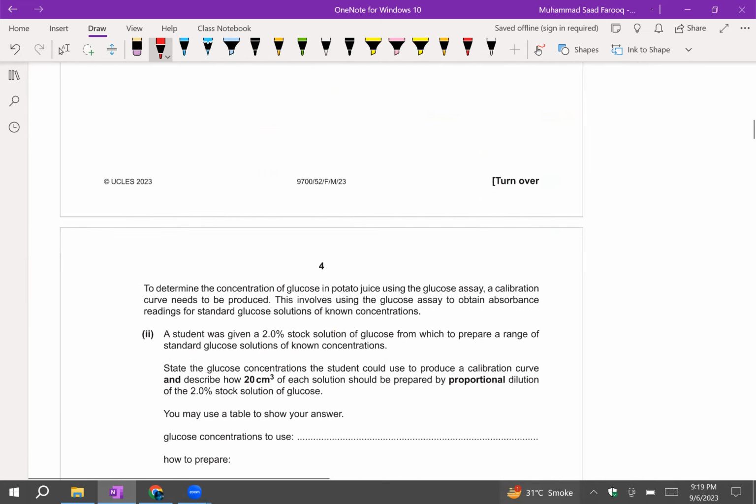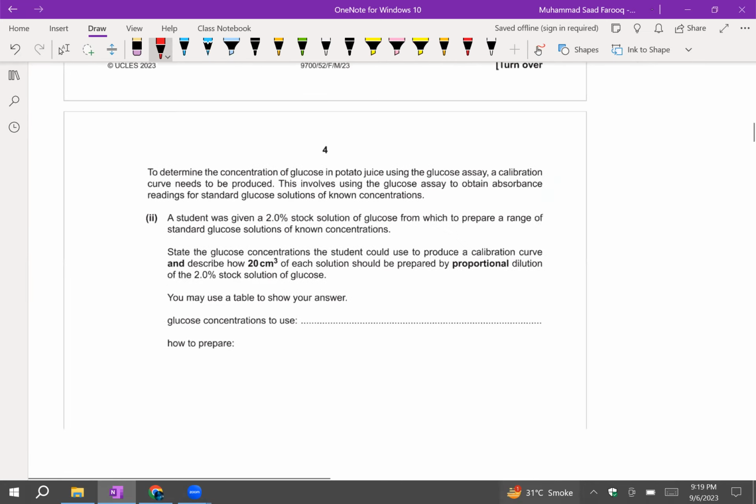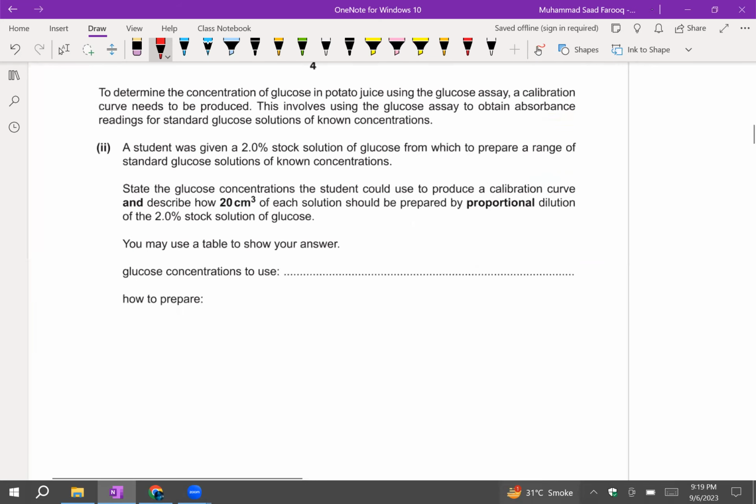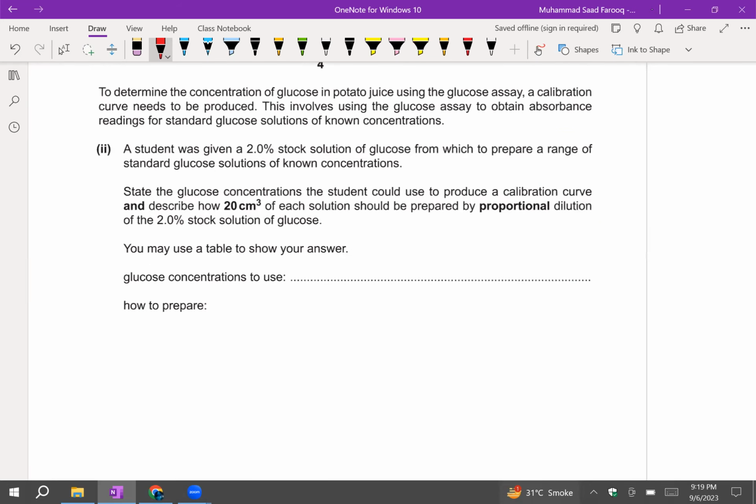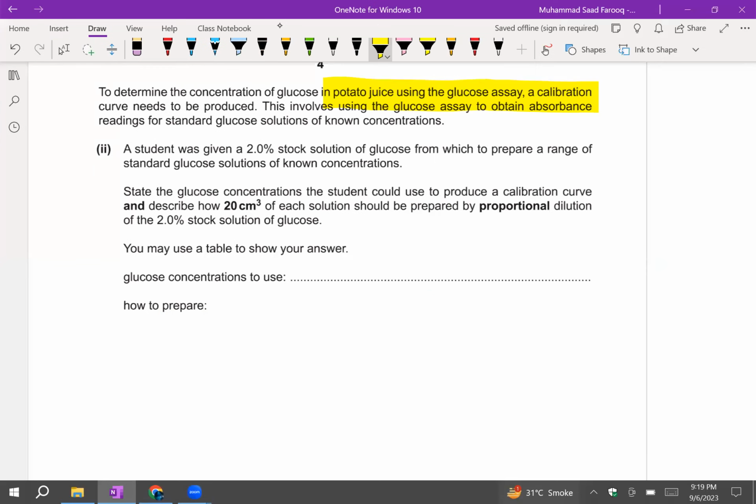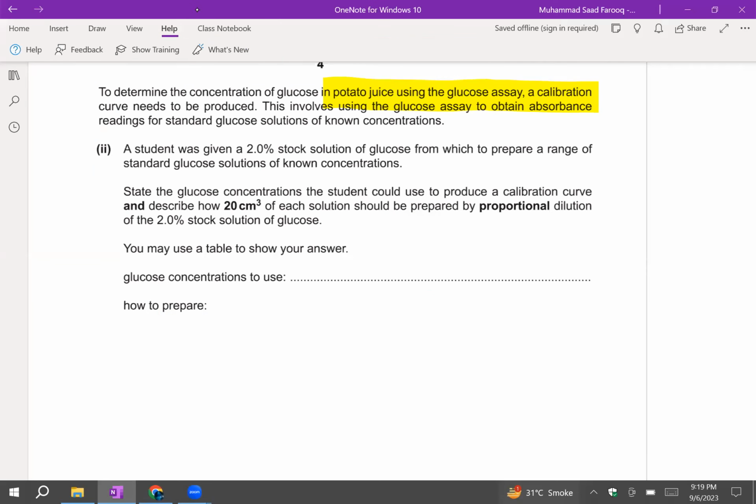Onwards now, let's have a look at the other question. Now they're saying that in order to determine the concentration of glucose in potato juice using a glucose assay, a calibration curve needs to be produced. So now they're asking us to produce a calibration curve. And this involves using the glucose assay to obtain absorbance readings for standard glucose.